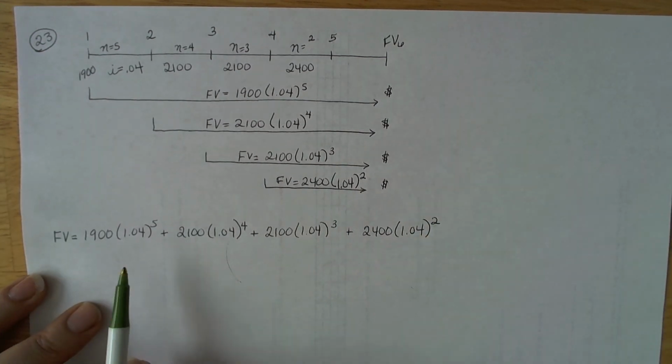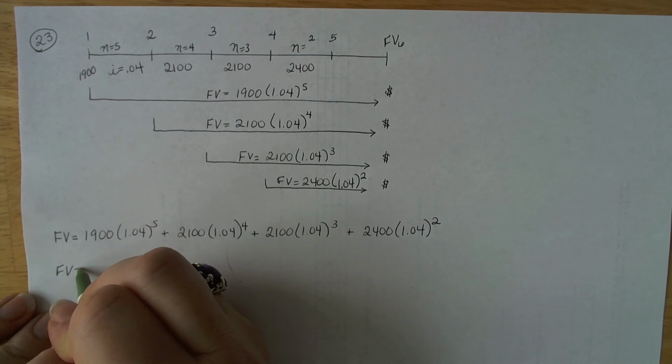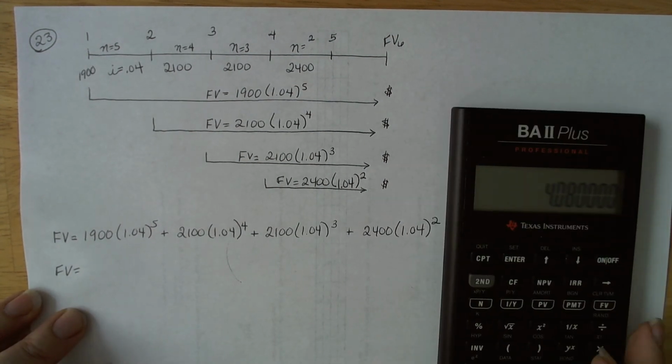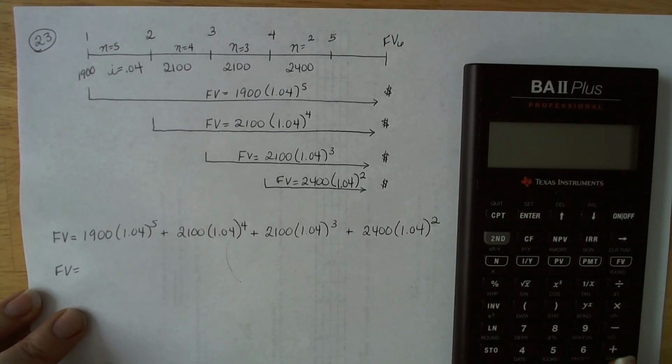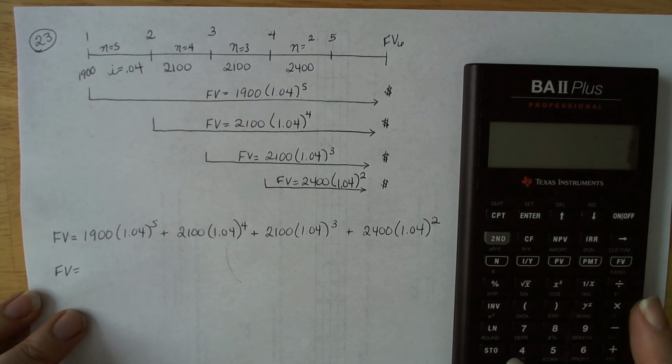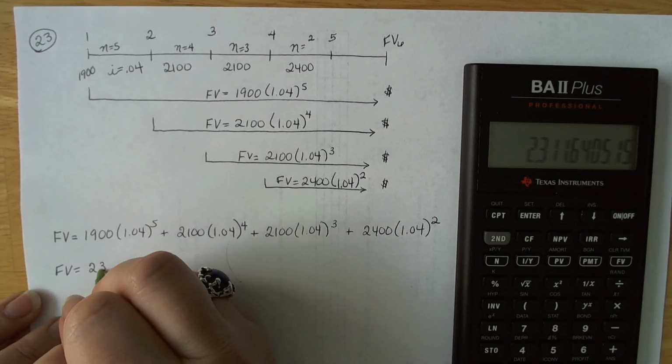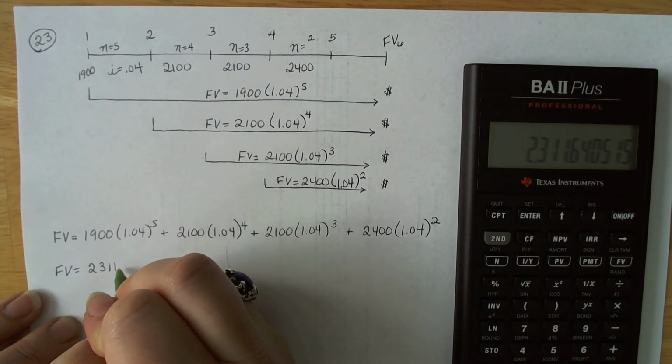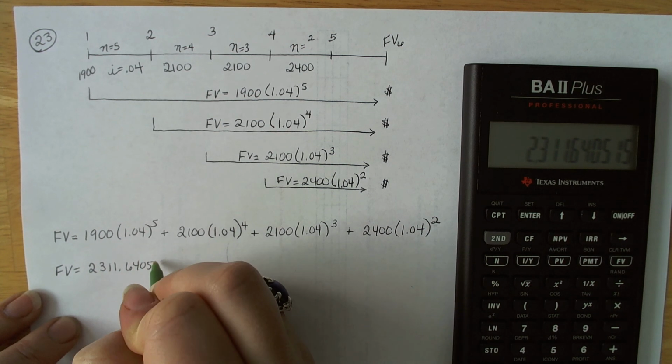So then when we work through each of these, 1.04 y to the x, 5 y to the x, times 1,900, we get $2,311.640515.